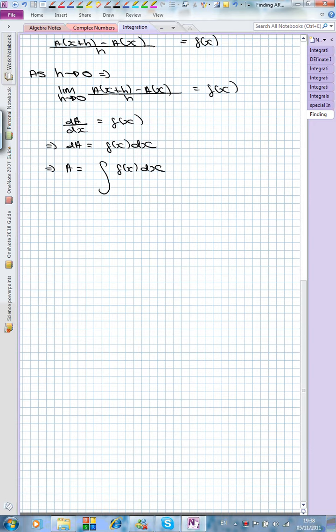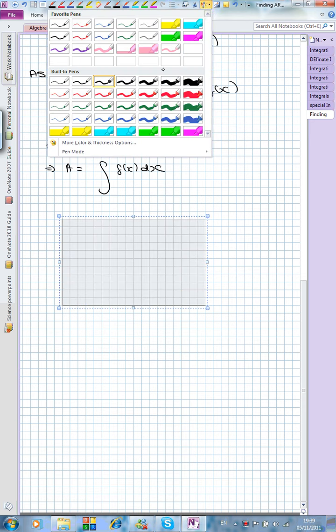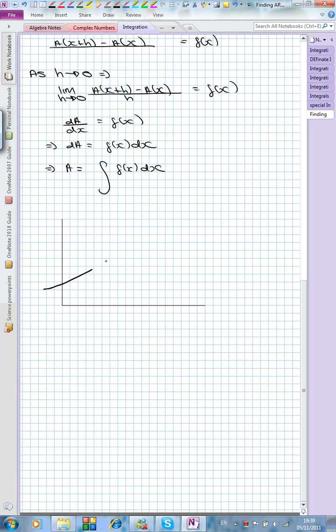So just to put it into general form, if I have a graph and any curve, so I'll just draw it like this, and in between certain marks on the x-axis, so I have this between x is equal to a, and I draw another line, x is equal to b, and I'm looking for this shaded area here.